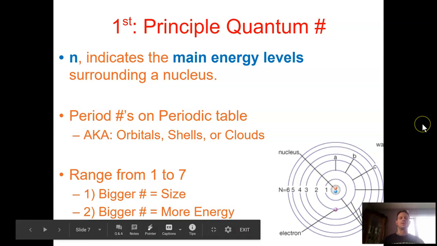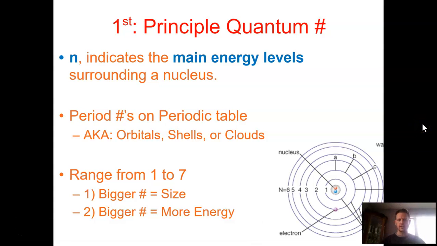Okay? And so the first number, his first quantum number, is the principal quantum number, right? He gives that the symbol of an N, which is the main energy levels, which is our state, right? And so when we're talking about this, we're talking about the state. We're talking about the biggest, broadest definition of where electrons could go.